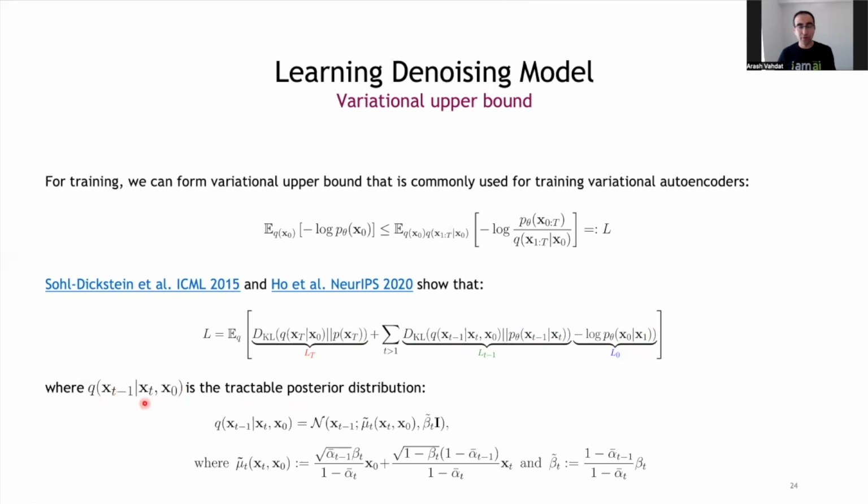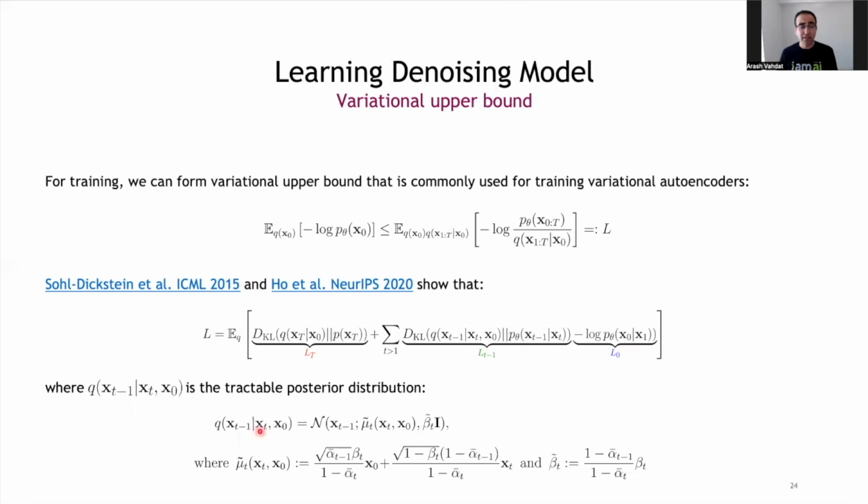It samples x_{t-1}, the less noisy image, conditioned on the noisy image x_t and the clean image at time step 0. So you have a clean image and a noisy image, and you want to predict what would be the less noisy version of this image if you knew the starting point, the x0, used for generating this noisy image.